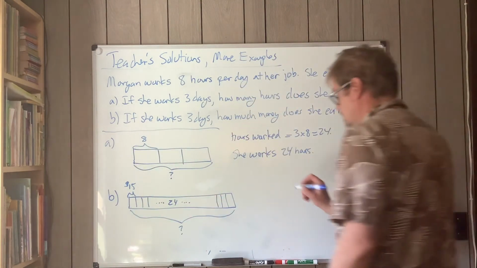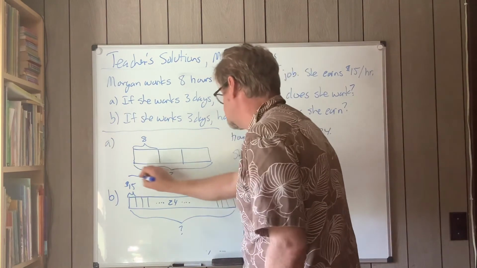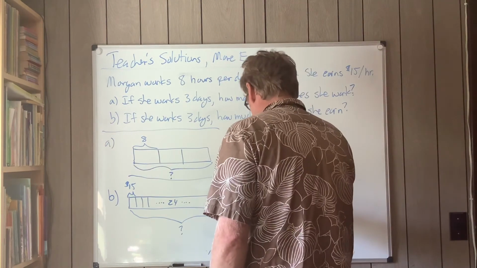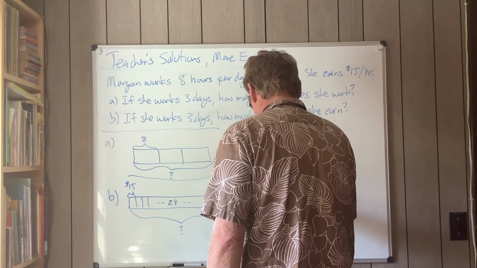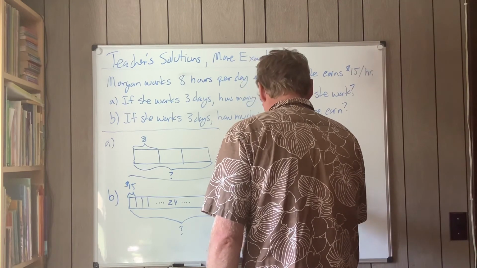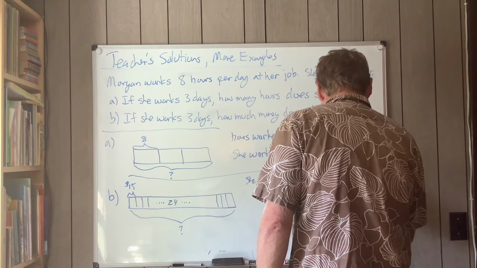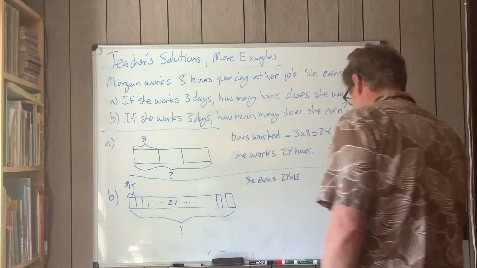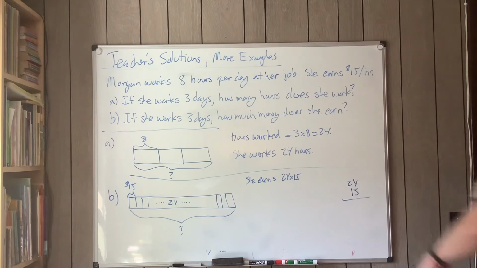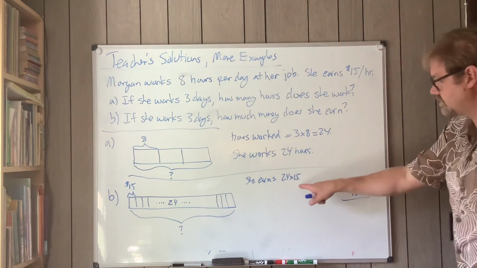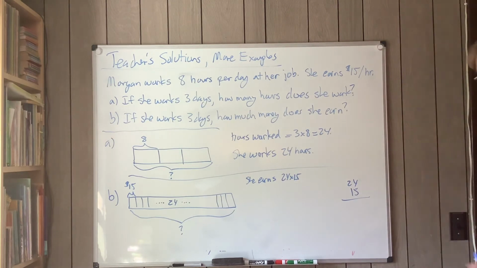So she earns 24 times 15. And again, we've done some mental math. That's a nice mental math. Do some compensation. Move a 2 from there. It would be 12 times 30.